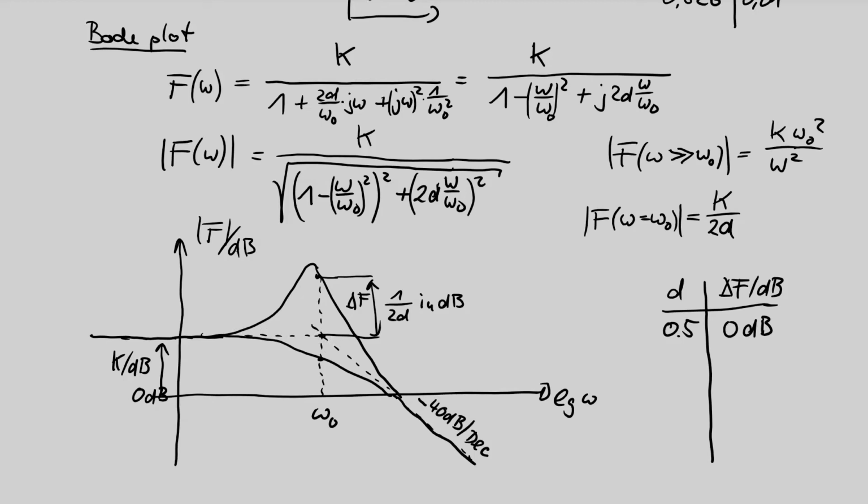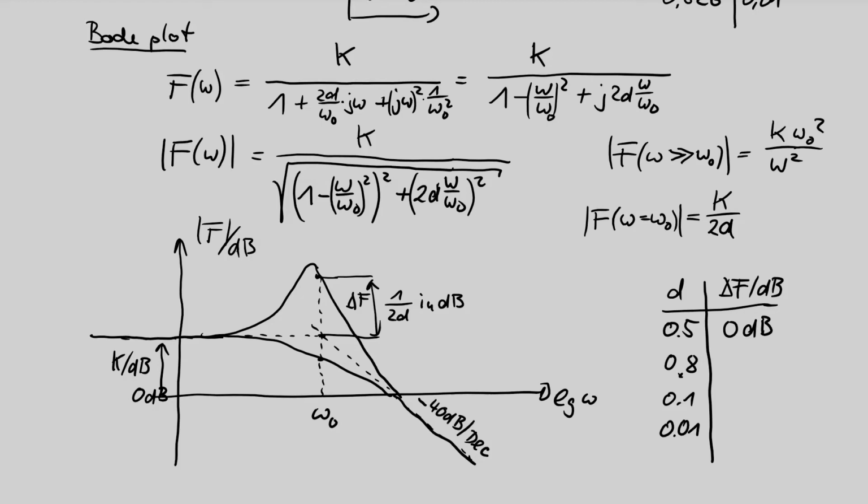If we have larger damping, say 0.8, then I calculate the delta f value. And if you have smaller damping, say 0.1 or 0.01, you will see values here which are much positive and large.